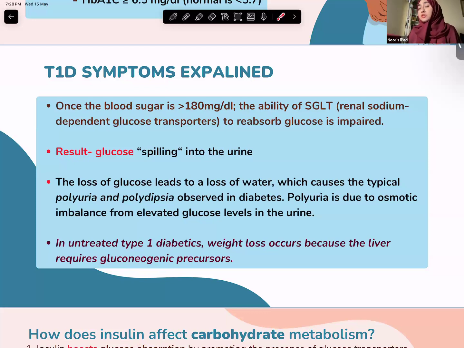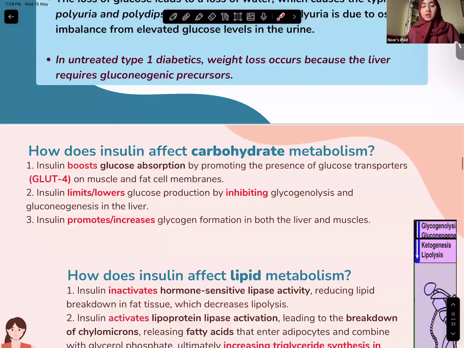Now, because I do not have insulin, how will I take in glucose in the cells and generate energy? So what happens? The body has other mechanisms, like I just mentioned, gluconeogenesis, for example, the formation of fatty acids to generate energy through non-carbohydrate precursors, and then it starts losing energy, and the person also loses a lot of weight because of that. Okay.